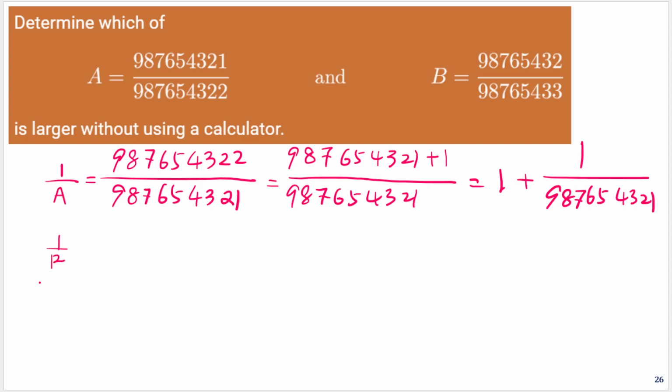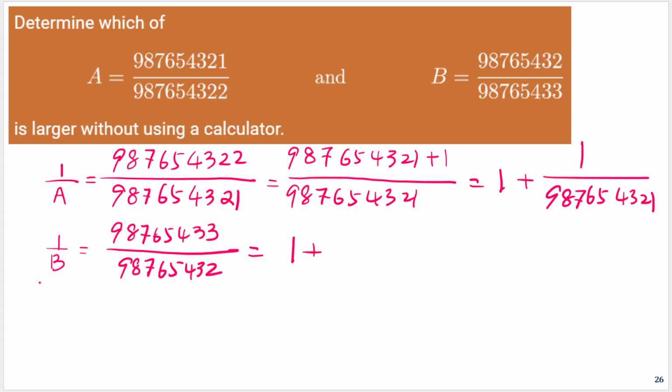And do the same thing for B. Take the reciprocal of B. This will give us 1 plus 1 over this very large number here.